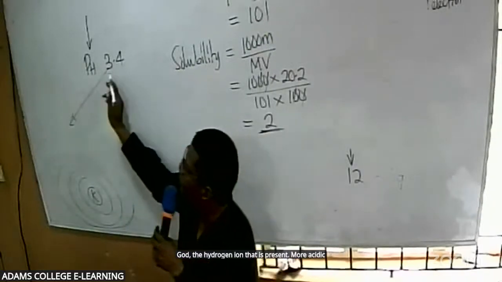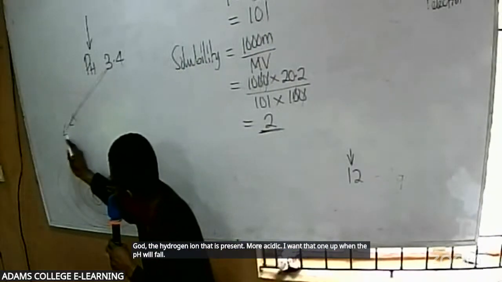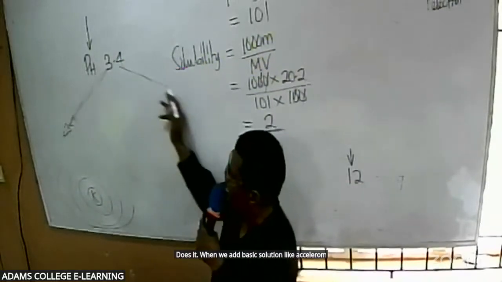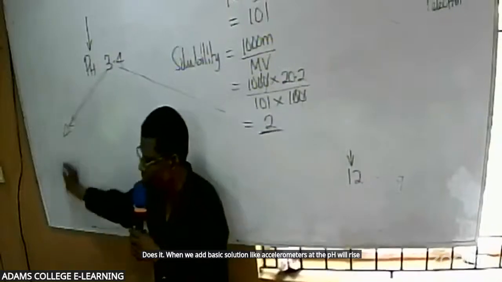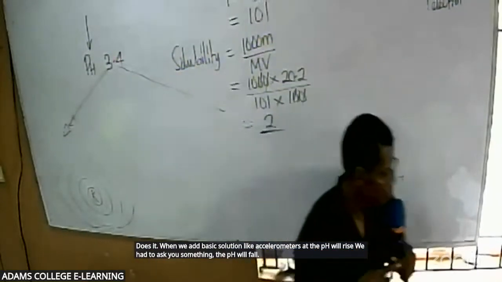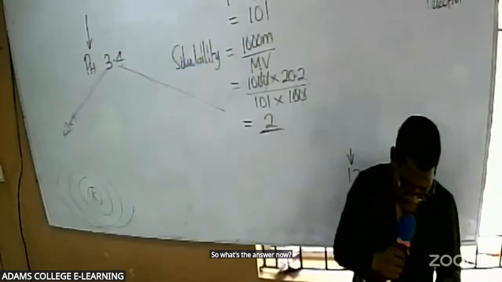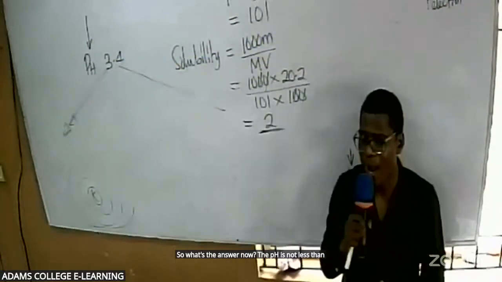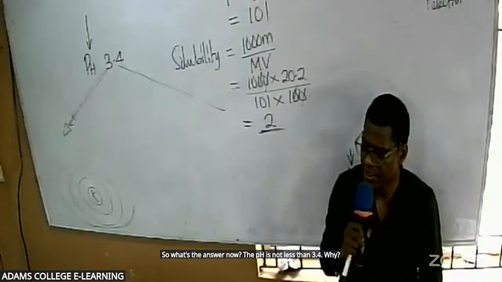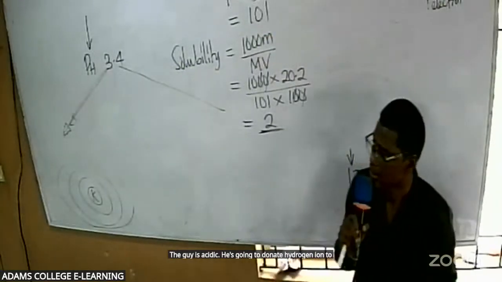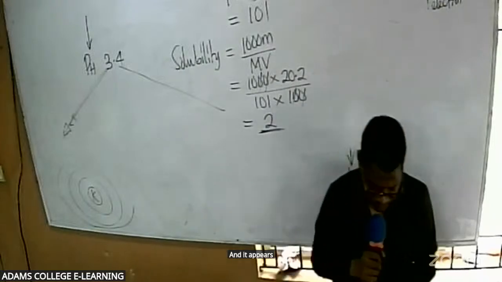And when that happens, the pH will fall. But if you add a basic solution like sodium hydroxide, the pH will rise. If you add an acid, the pH will fall. So what's the answer now? The pH is now less than 3.4. Why? Because the solution is acidic. It's going to donate hydrogen ions to that environment, and the pH will now become lower.